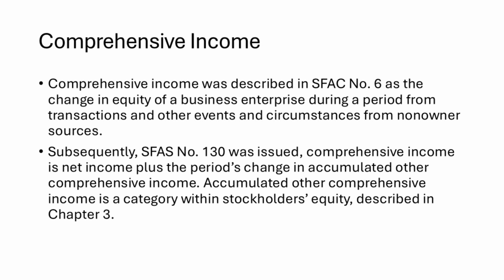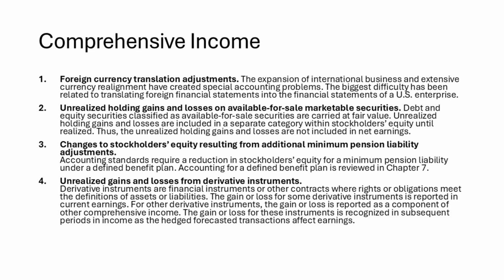Comprehensive income is the net income plus the period's change in accumulated other comprehensive income. Accumulated other comprehensive income is a category within stockholders' equity, described in chapter 3. For comprehensive income, we have 4 points to discuss.